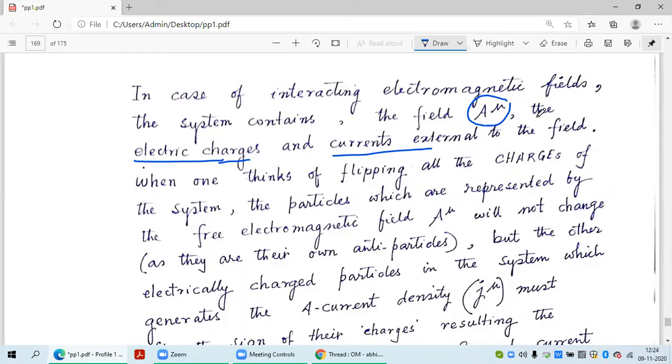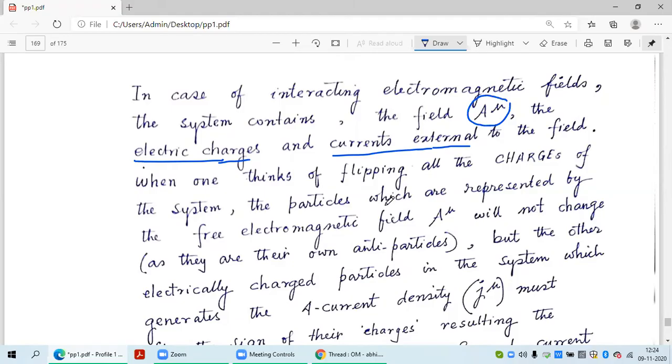But once you do the charge conjugation of the whole system, the charges and the currents which are produced by motion of electric charges and static charges, when you flip the sign, the charge density and the current should flip sign, because when you flip the sign of a charged particle, the direction of current gets changed and the current density magnitude also gets negative if you change it from positive to negative charge.